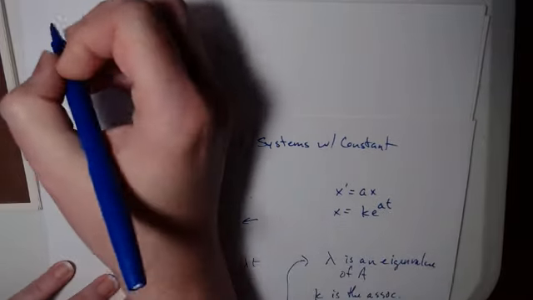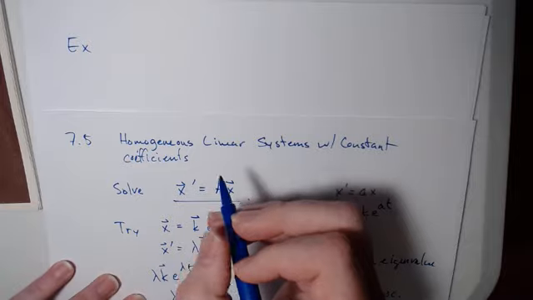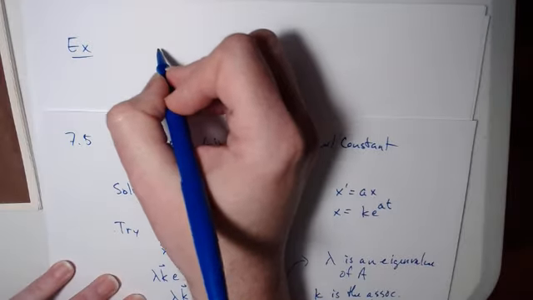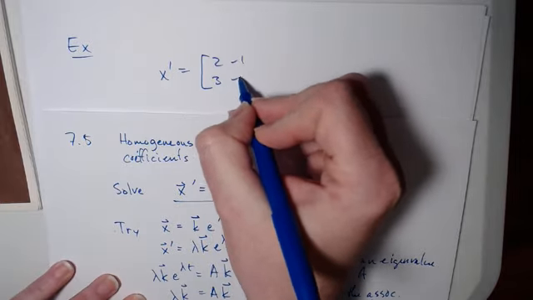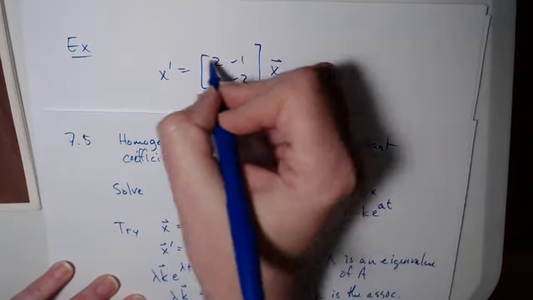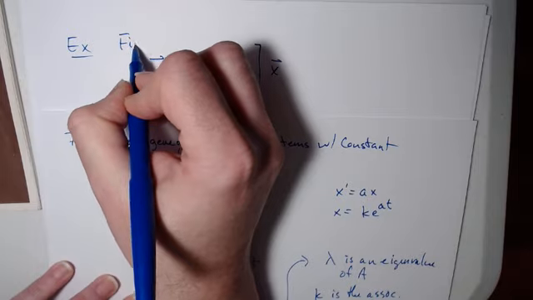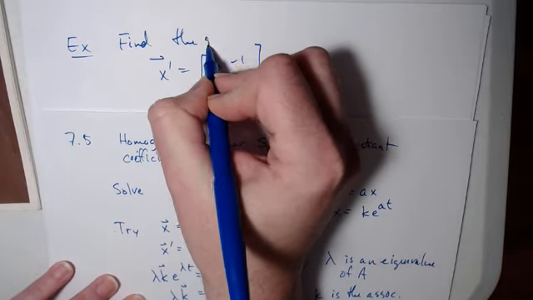Let's do an example. So if we have the problem x prime equals [2, -1; 3, -2] x, and we want to find the general solution.